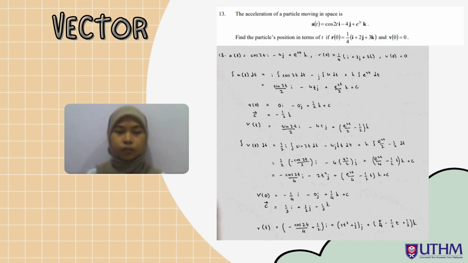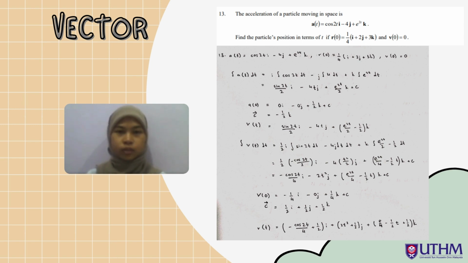Just combine the two equations, c and a(t), we get sin 2t over 2 i plus 4t j plus e to the power of 2t over 2 minus 1 over 2 k. Thus here k and k, we can combine them. And then integrate again the equation that we have.